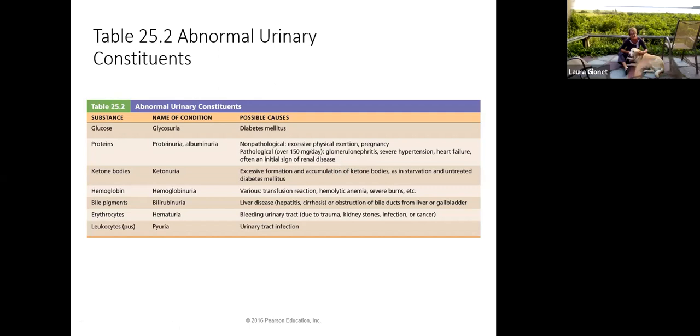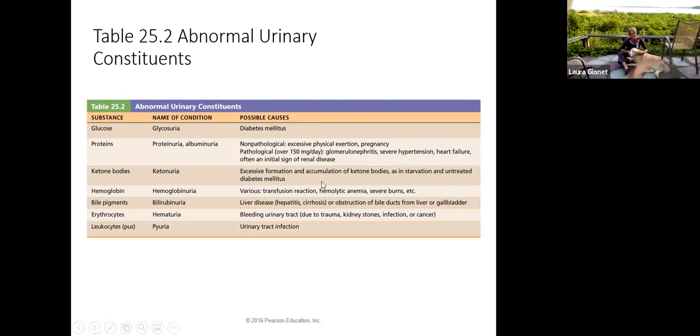Non-pathological causes include excessive physical exertion and pregnancy. Pathological causes include glomerulonephritis, severe hypertension, heart failure. Protein in the urine consistently is generally a sign of a failing renal system.